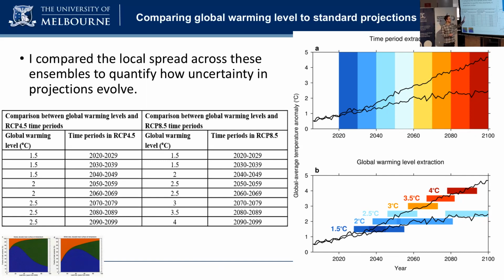Whereas for the global warming levels, I've controlled for climate sensitivity to an extent by deliberately picking the global temperature to be roughly the same. But I do have uncertainty related to the time instead. So for slow warming processes, there will be more spread in those instead. And that will become clear in the results in the next slides.